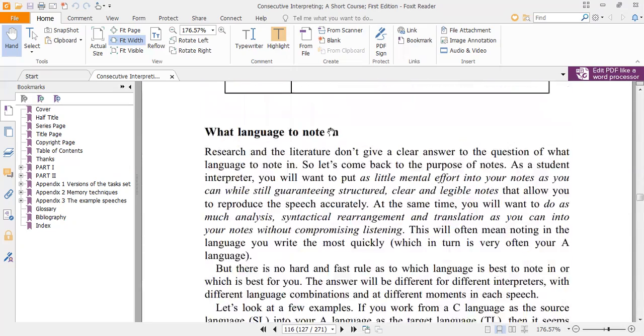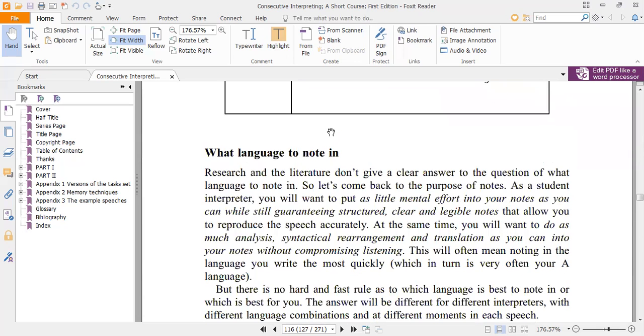Now, the last thing is what language to note in. As a consecutive interpreter, you are dealing with two languages, the source language and the target language. Now, which language can you use in taking notes? Actually, this issue is up to you.